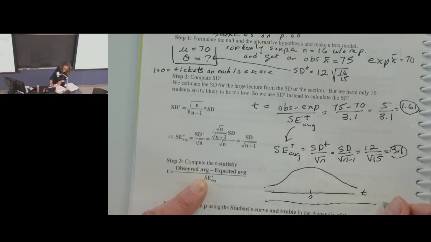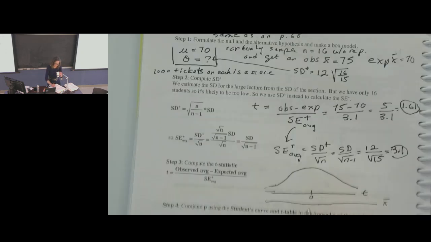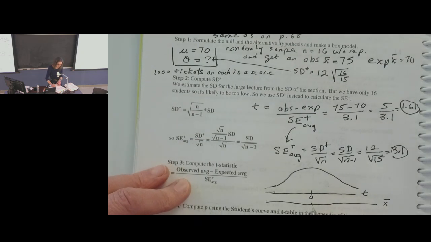Okay, so now, how are we going to do this? This is our t. And it's symmetrical, just like z. It's symmetrical. It's centered at 0. All right? And then underneath it, we're going to have what our x bar is, what our exam average is, and that's in the middle of 70, 70.